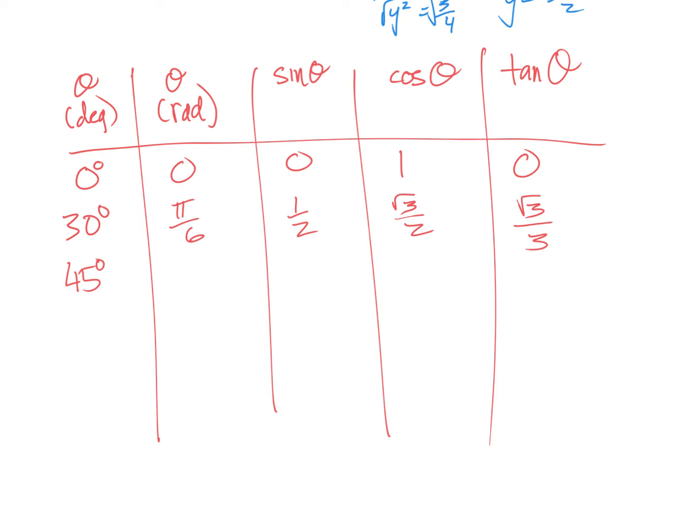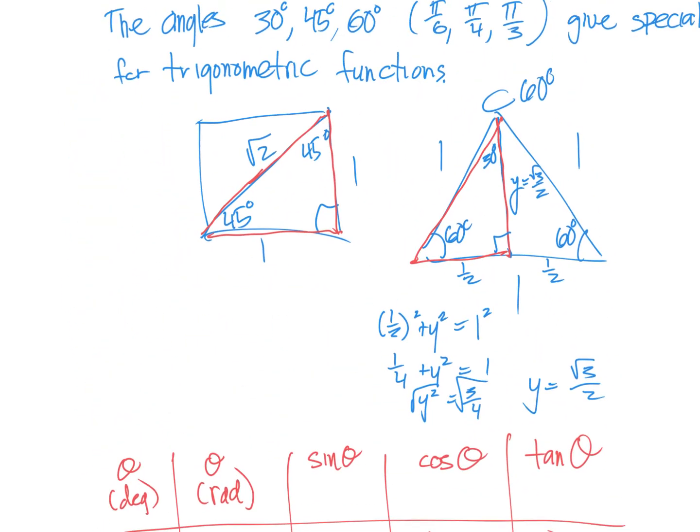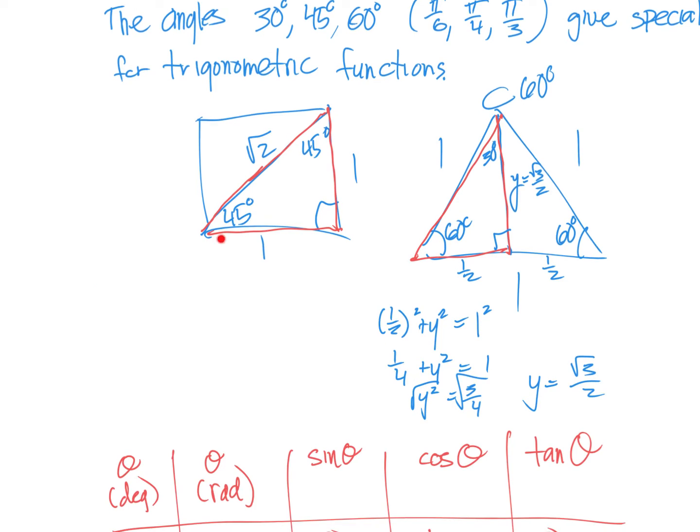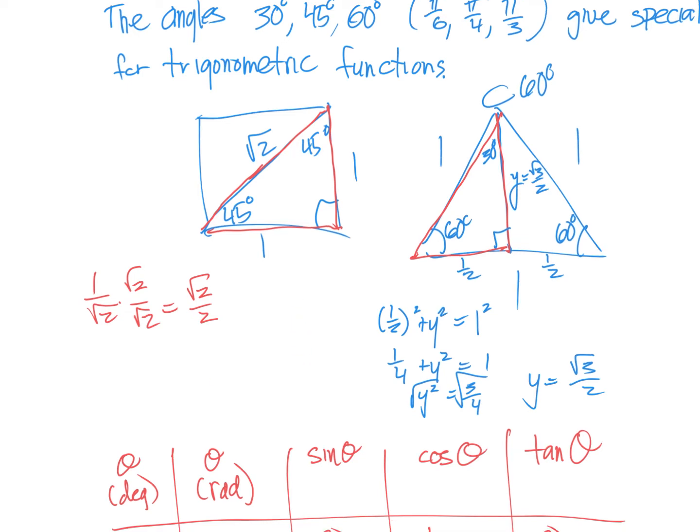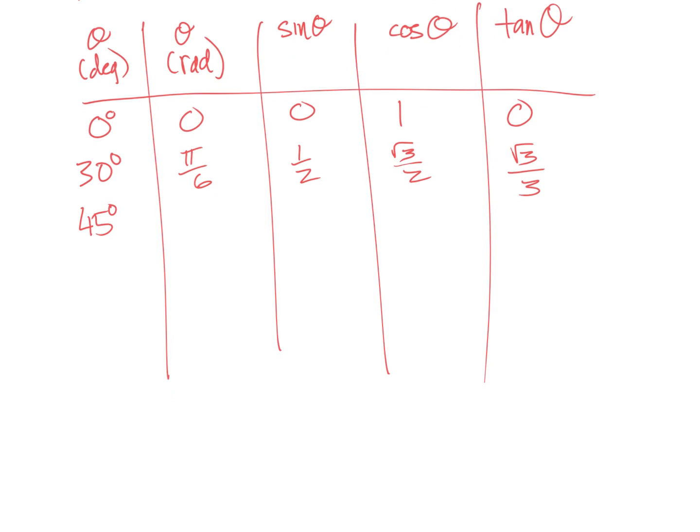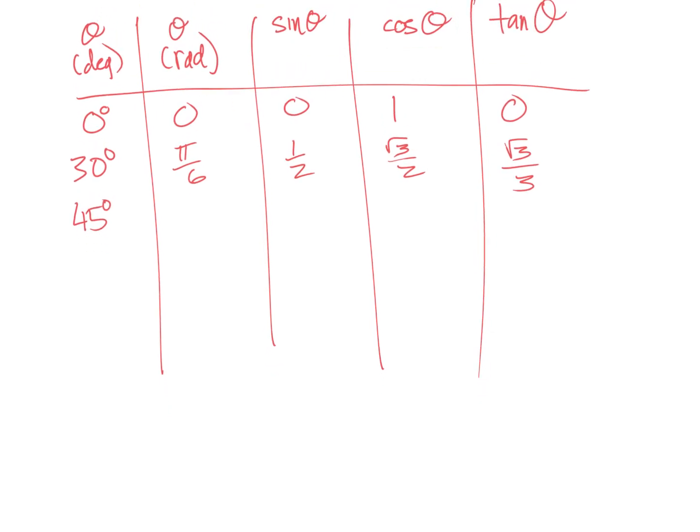45 degrees. So at 45, here we go. Sine is opposite, 1 over root 2, which if we rationalize it, we're left with root 2 over 2. Cosine is going to be the same, and then tangent is opposite over adjacent. So just using this, we will go ahead and fill this all out.